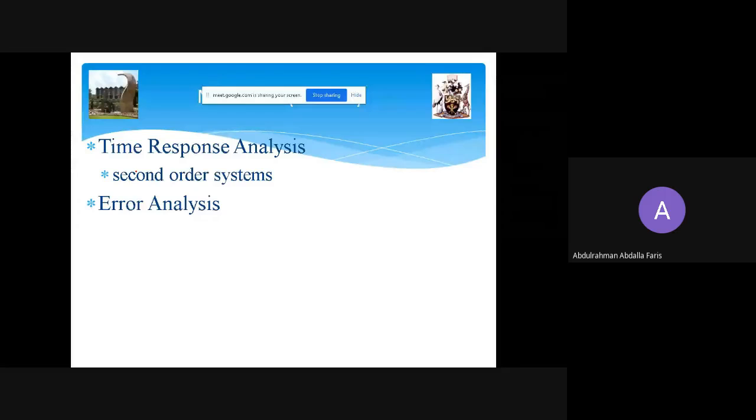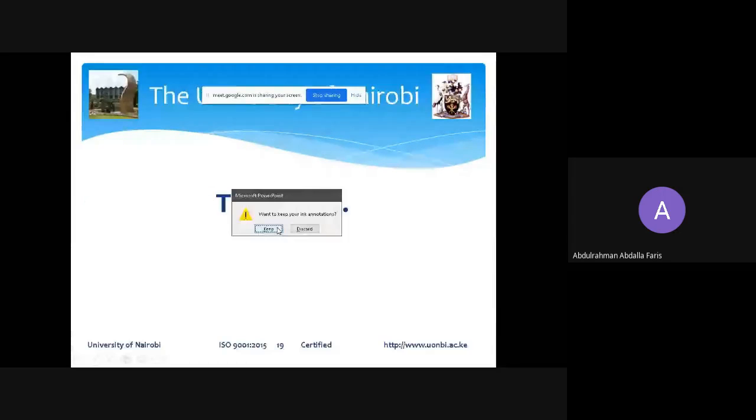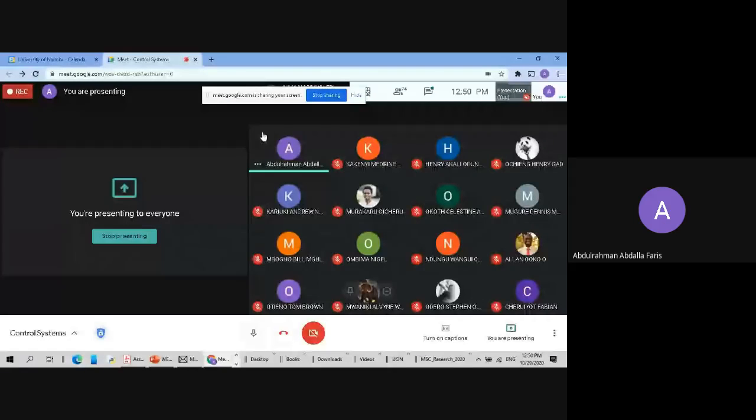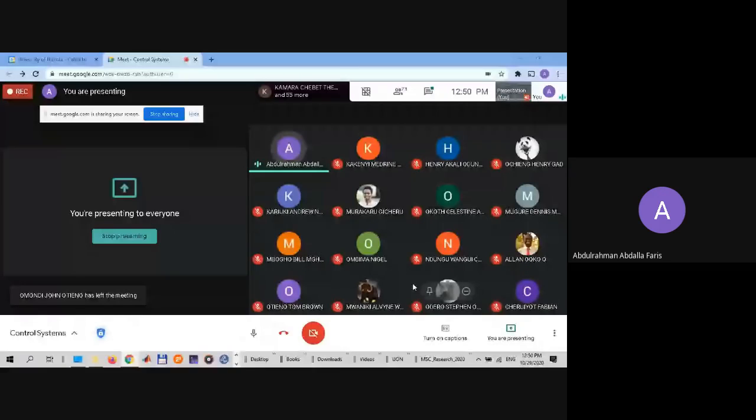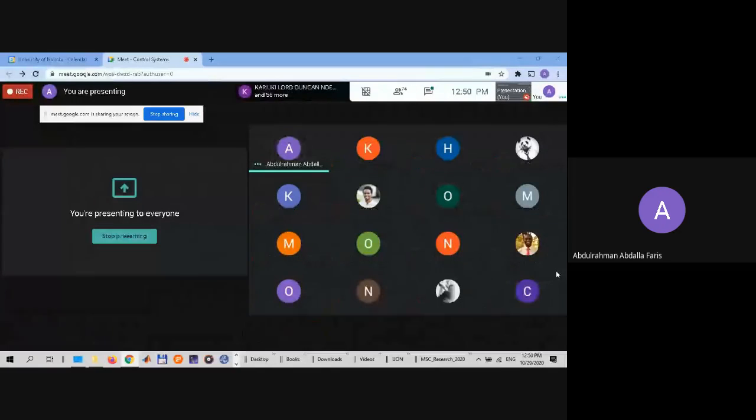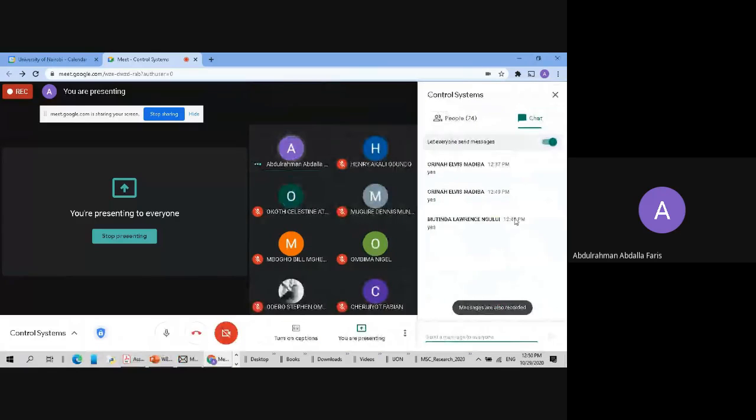For tomorrow, I won't be able to have a class, so I'll post questions tomorrow morning for you guys to practice. These are just practice questions. I'll post them under exercises, so you can go on and do some practice. I hope that is okay, that tomorrow we don't meet. I'll be busy with my research.